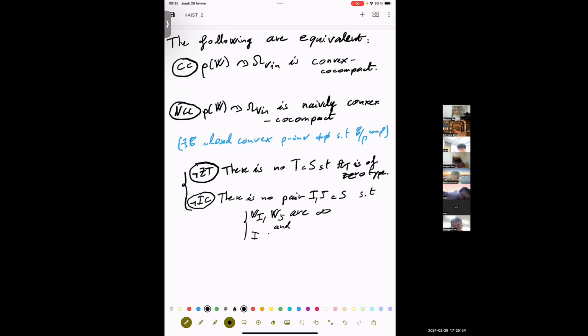So I is orthogonal to J, and I orthogonal to J means that for all i in I, all j in J, Mij is equal to 2.